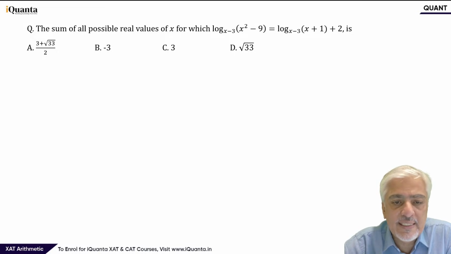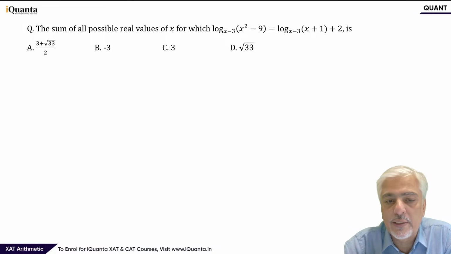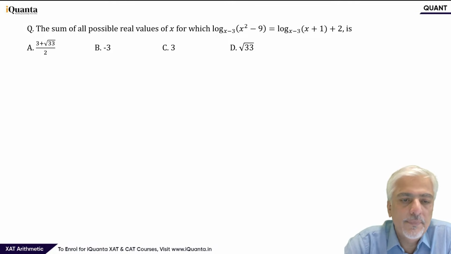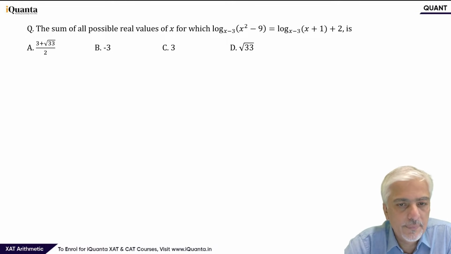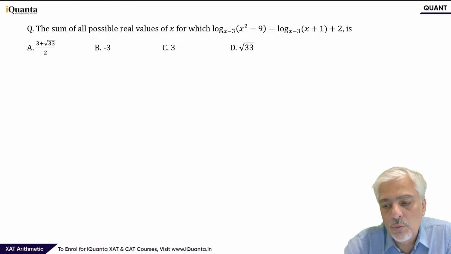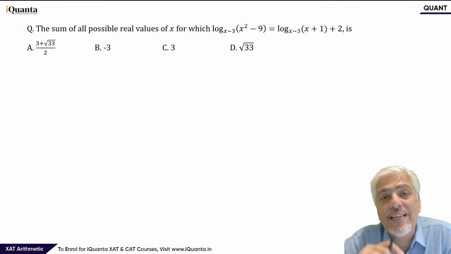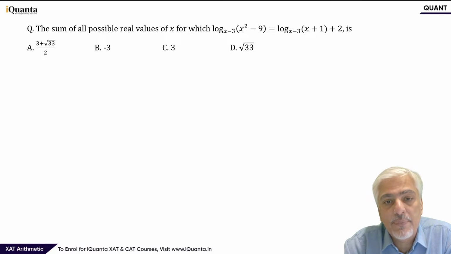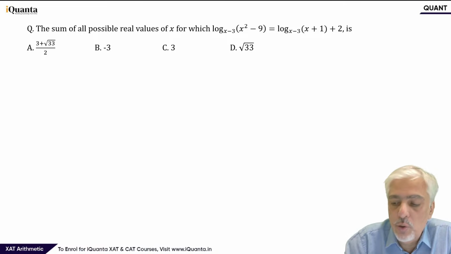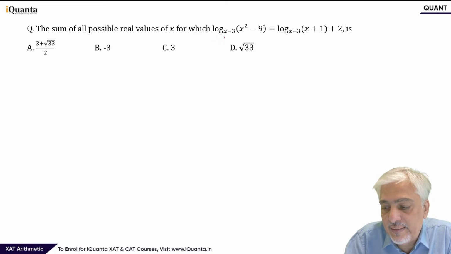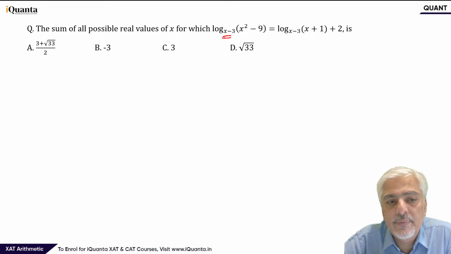This is an exact CAT 25 question. I put the same question because I wanted to discuss something over here. Now, what are the rules we know? Again, I'm just explaining this because CAT really checked you on these things this time. So first thing, what do you know? We know that this can never be negative.